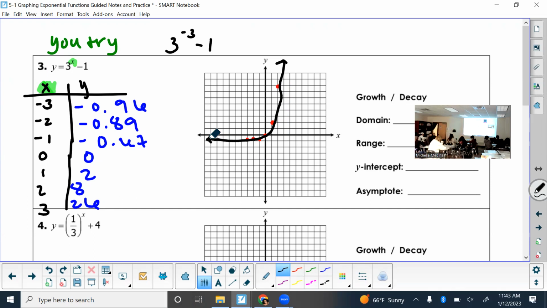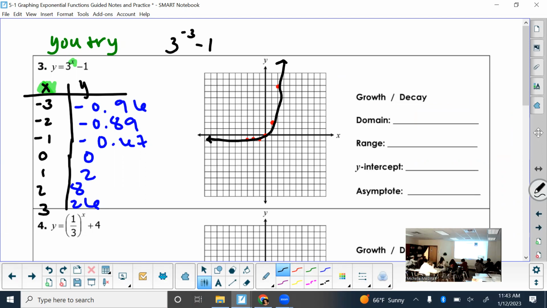All right, is this growth or decay? Growth, because it is growing from left to right. Table 5, what would my domain be? Or tell me, what is domain referring to?